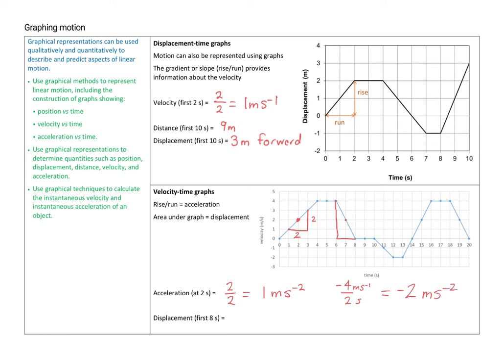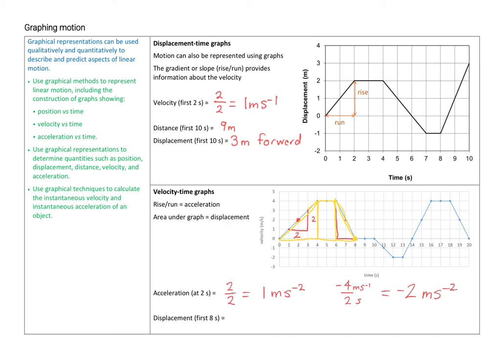So there's our acceleration. Now, if we want to work out the displacement, we work out the area under the graph. So let's go to a different colour here. We want to know the displacement up into 8 seconds. So if we divide this up, we've got a triangle, we've got a rectangle, and we've got another triangle.